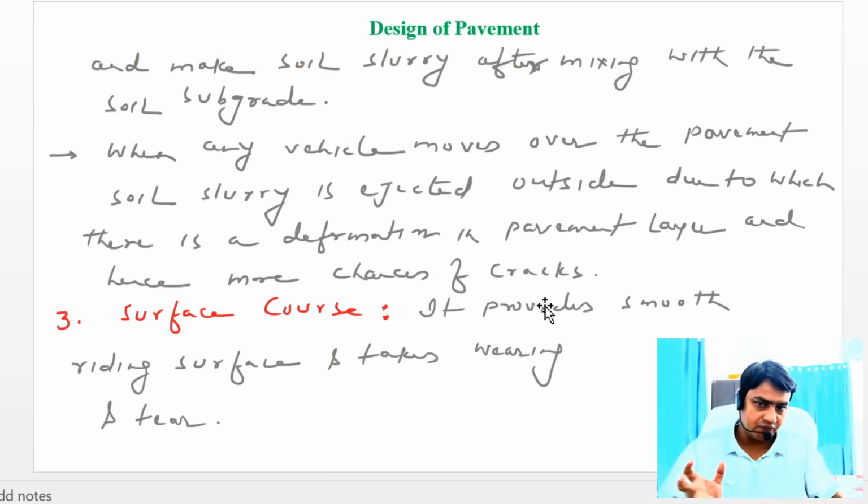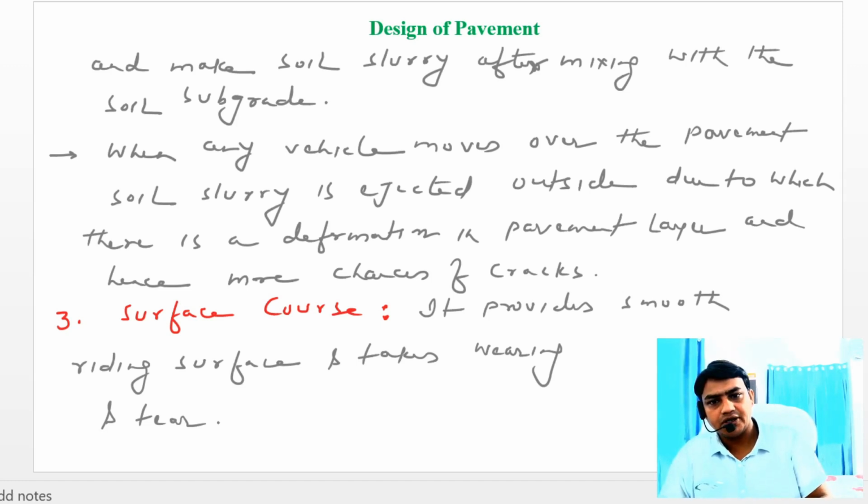When any vehicle moves over the pavement, the soil slurry is ejected outside, due to which there is deformation in the pavement layer, and there are chances of cracks being created. The surface course is generally provided for a smooth riding surface and to take wear and tear.